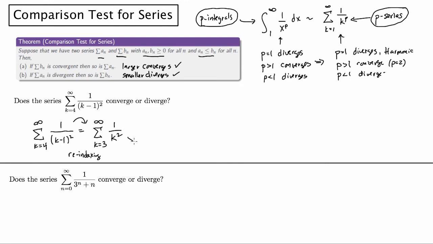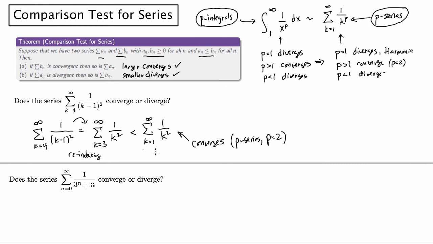And what I immediately notice is that the best way to write this is that this is strictly less than the sum k goes from 1 to infinity of 1 over k squared, and I know that this one converges because it's a p-series with p equal to 2.